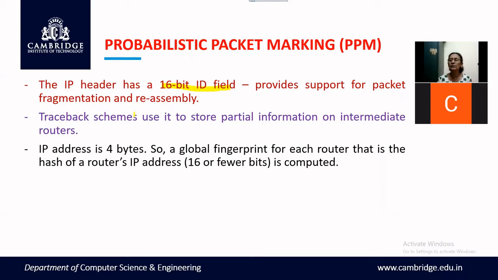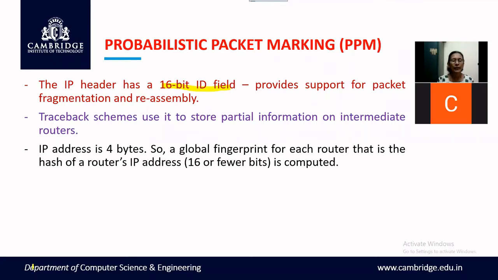When you have a large packet, it is fragmented into smaller packets and sent. The ID of these packets is what is there in this ID field, which is 16 bits wide. At the receiver, these packets are reassembled, that is, this ID field would be used.